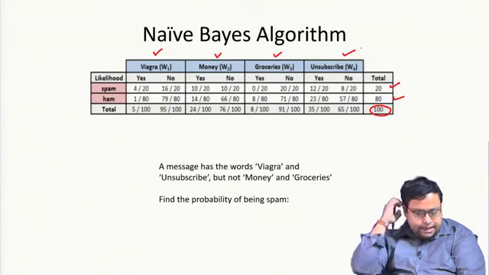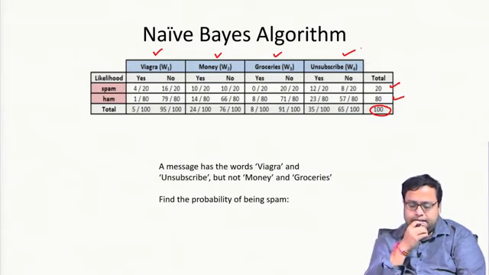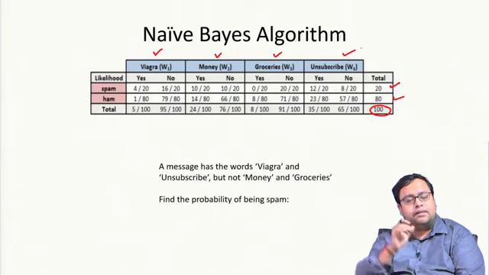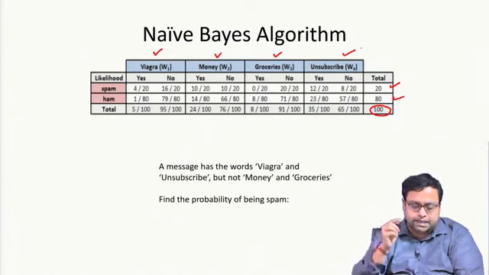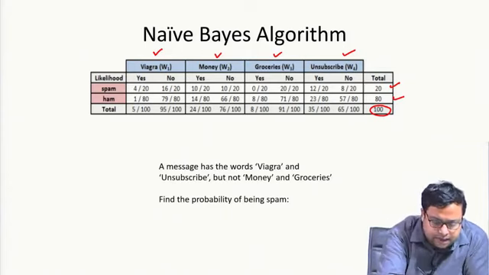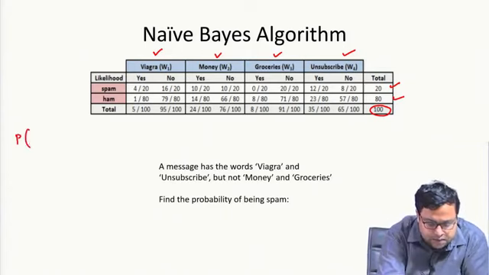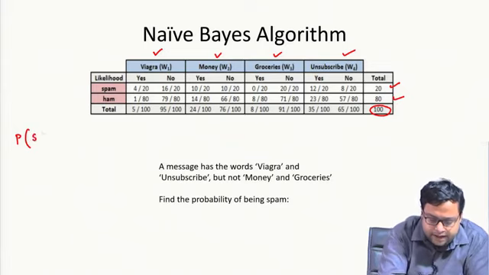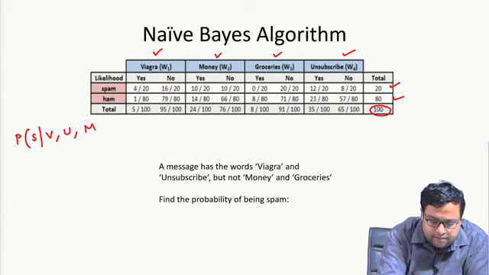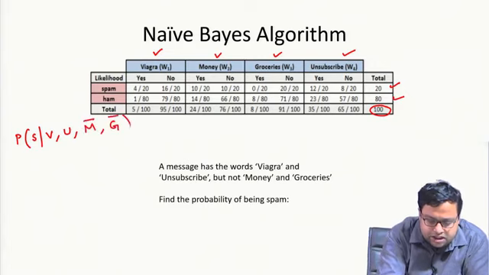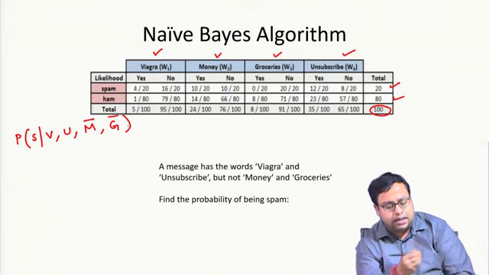Now, the question is that a message has the words Viagra and unsubscribe, but does not have the words money and groceries. What is the probability of being spam? So, let us write it in a mathematical way. I am writing: what is the probability of spam given that V and U, these 2 words, are there, and M dash and G dash, that means M and G, these 2 words are not there.